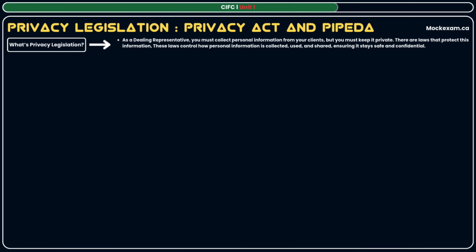So, privacy legislation are laws that protect this information. These laws control how personal information is collected, used, and shared, ensuring it stays safe and confidential. Because if a breach of personal information happens, the client will be in huge danger.